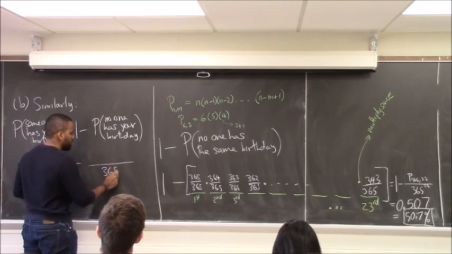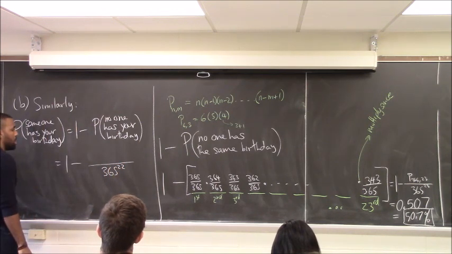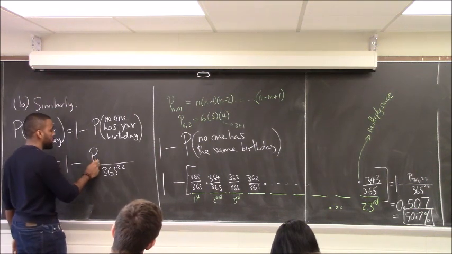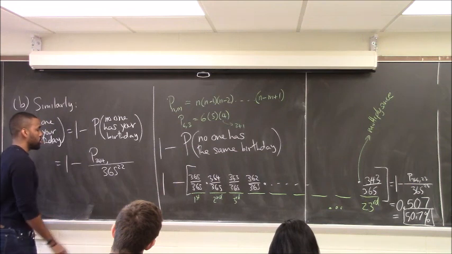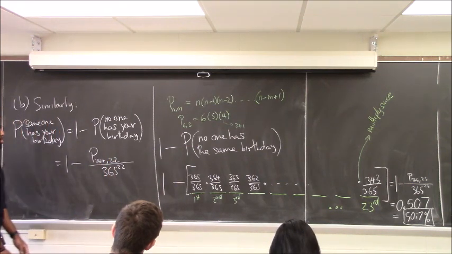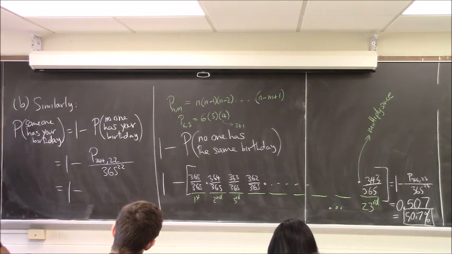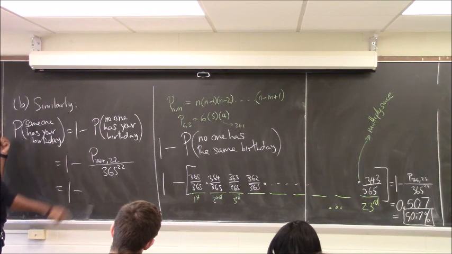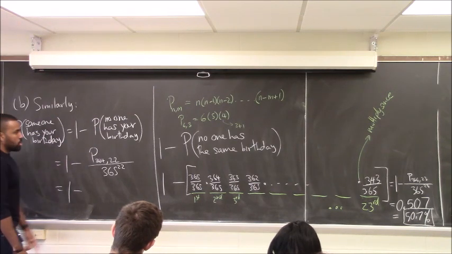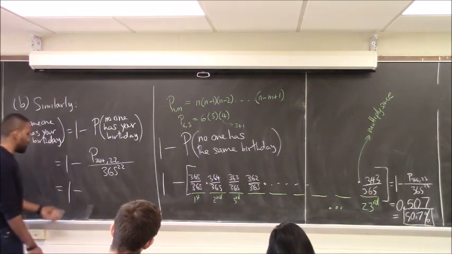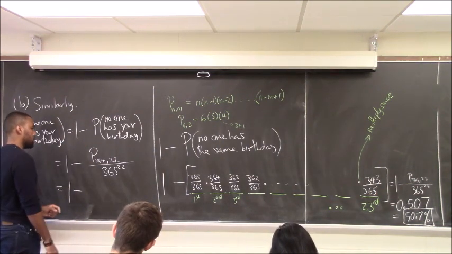So there's going to be 365 to the 22nd power in the denominator, and they now get to choose from 364 days, and you're picking 22 people. So you single yourself out and you line up the other 22 people. Once you worked hard to figure out the answer for that, you just tweak that answer for this one.